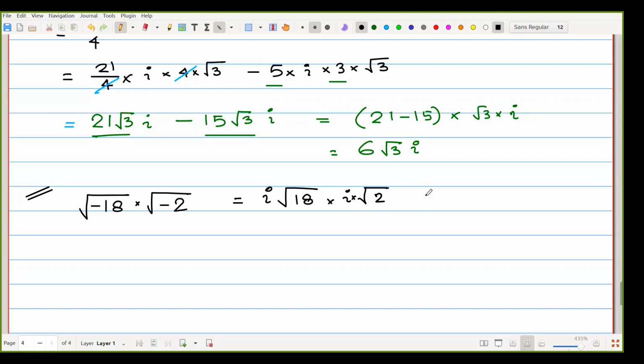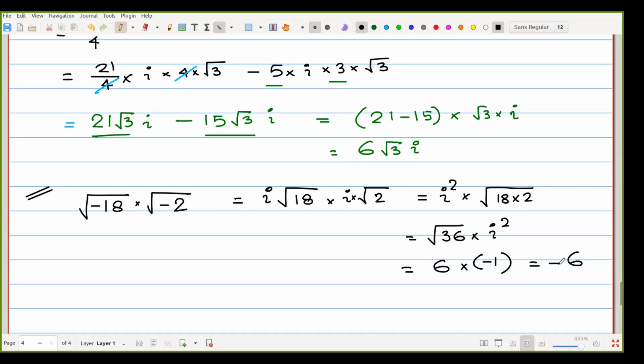Okay, so here we can write that is i squared into square root of 18 into 2, or that is square root of 36 into i squared, or square root of 36 means 6, into i squared means minus 1. The final result is minus 6.